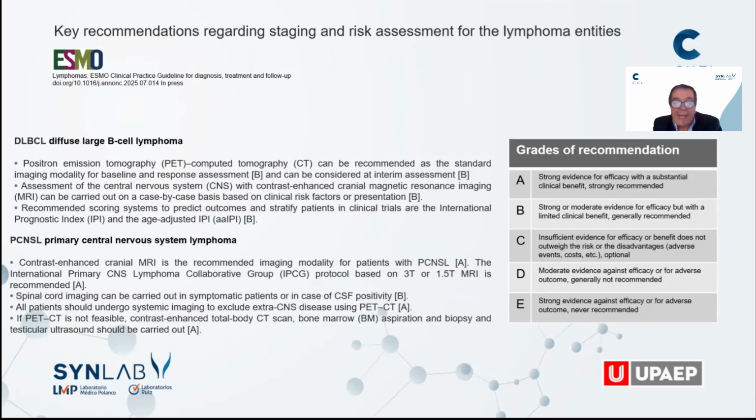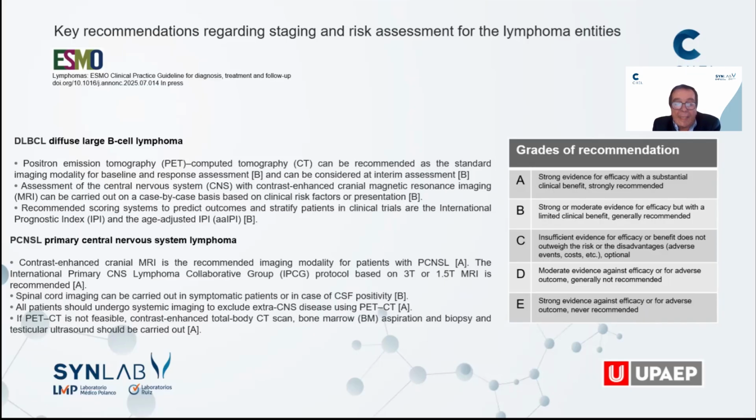In this slide, I show the latest guideline of the European Society for Medical Oncology, which is still in press. This guideline takes into account the 7 most frequent lymphomas. In the right panel, you see the grade of recommendation of this guideline.